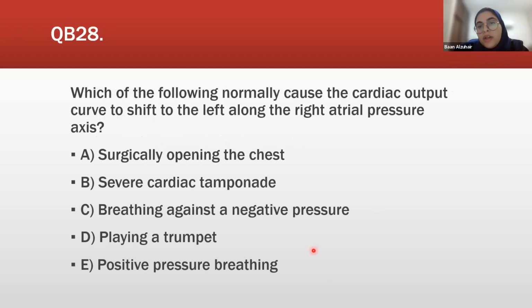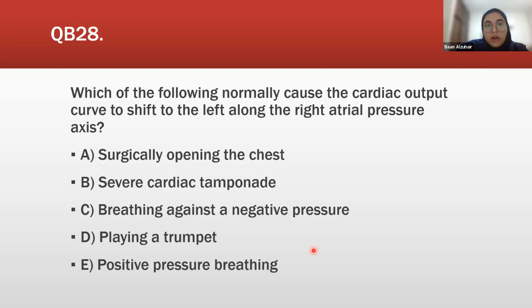Which of the following normally cause the cardiac output curve to shift to the left along the right atrial pressure axis? This is a cardiac function curve along with the venous return, cardiac output and cardiac function. I'll show you the diagram in a bit.